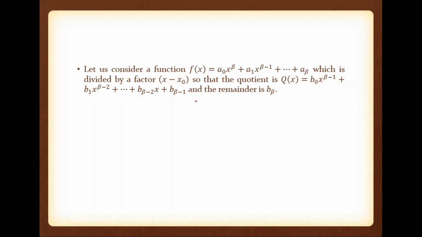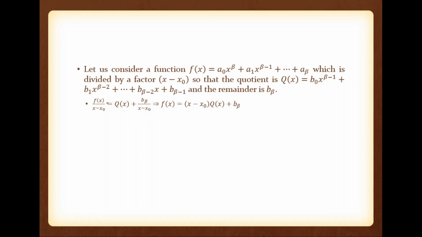So what we can write after this? We have f of x divided by x minus x0, which will give this quotient. So f of x by x minus x0 is equal to q of x plus b beta by x minus x0.